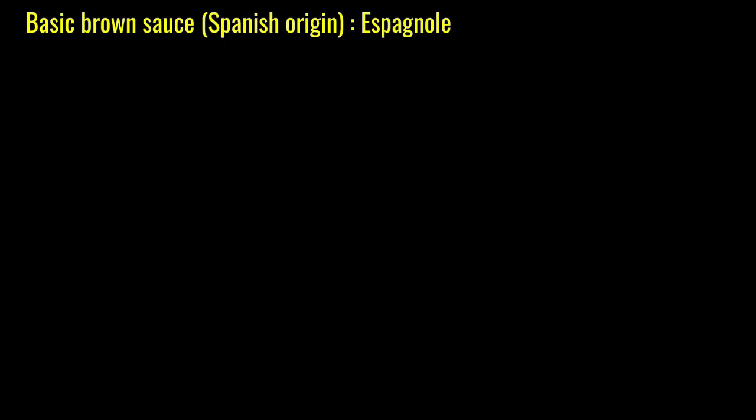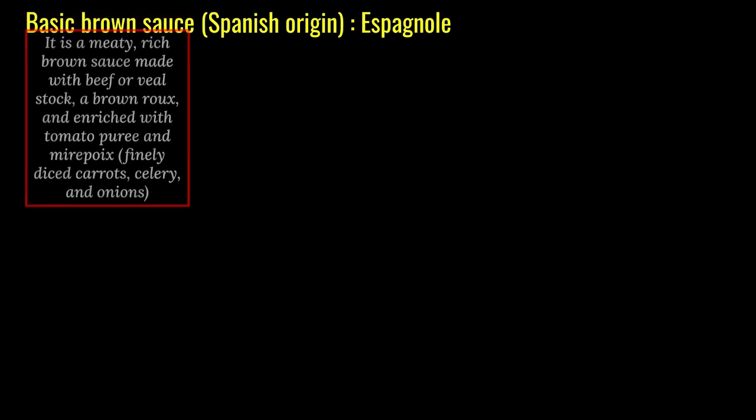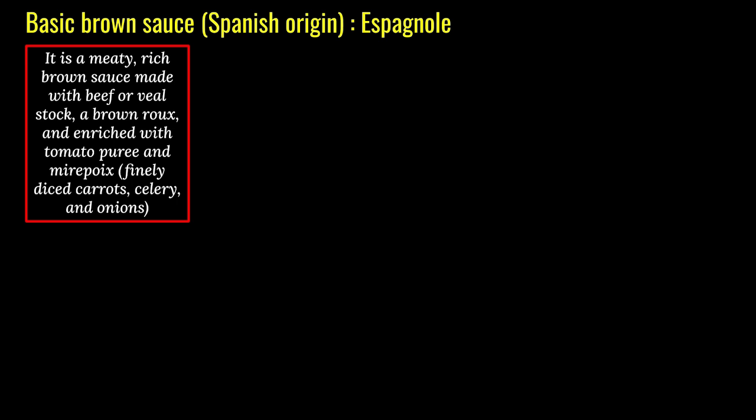Then we come to another sauce, known as the basic brown sauce, which is of Spanish origin, and the name of the sauce is Espanol. Espanol sauce is a meaty, rich brown sauce made with beef or veal stock, a brown roux, and enriched with tomato puree and mirepoix.